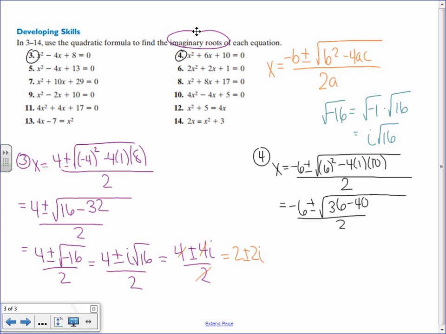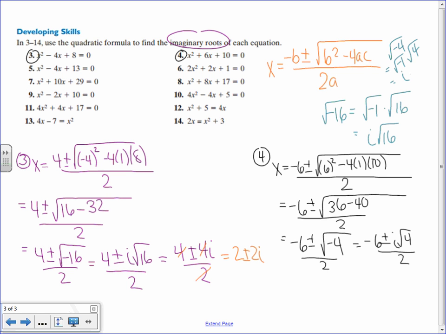It's going to be negative 6 plus or minus the square root of 36 minus 40 all over 2, which is negative 6 plus or minus the square root of negative 4 over 2. But we can write that as negative 6 plus or minus i times the square root of 4 over 2. Alright, just like I did up here with this negative 16, I can rewrite the square root of negative 4 as this.